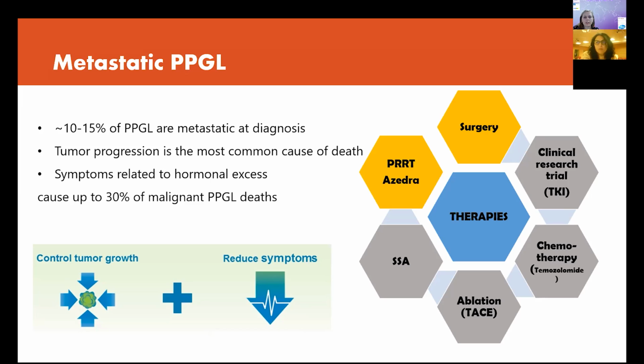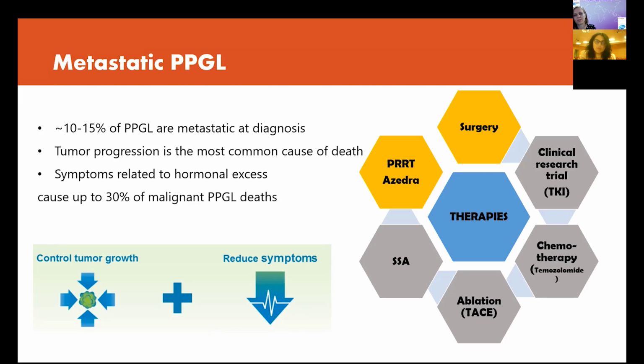Some patients can be candidates for surgical debulking, so removal of dominant parts of tumors to reduce the effect of hormonal excess. In some patients who are candidates for targeted radiotherapy, we use treatments such as PRRT or radiopharmaceuticals such as Azedra, which was approved about 2 years ago in the United States.